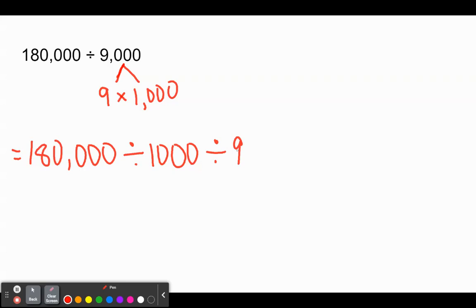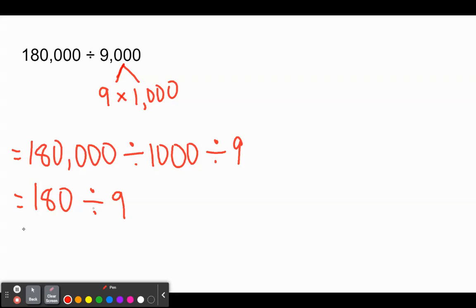So now let's first do 180,000 divided by 1,000. If I take 180,000 and divide it into groups of 1,000, that will leave me with 180 groups, right? So now I have 180 and I can divide 180 by 9.